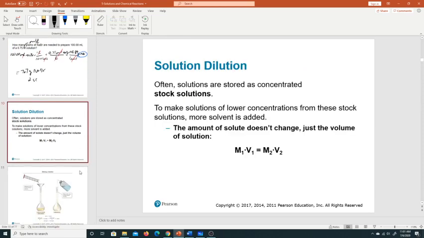As far as dilutions are concerned, this is called the dilution formula. This might be new from Intro to Chem. It says molarity 1 times volume 1 equals molarity 2 times volume 2. Sometimes this expression is shown as C1 V1 equals C2 V2, where C just means concentration.